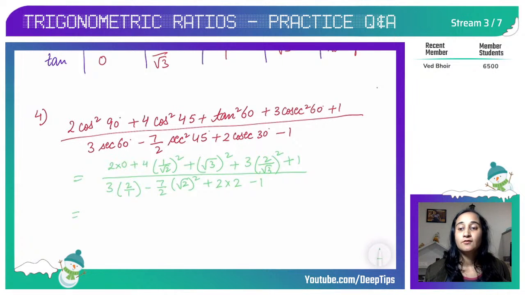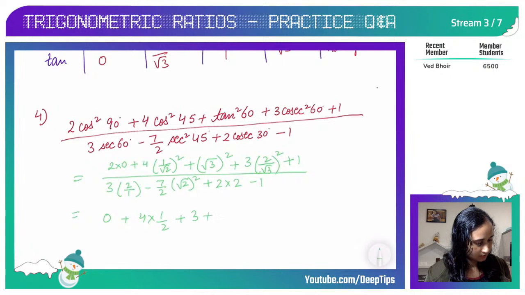See, if you get the first step right in this question, then the rest of the steps are just a cakewalk for you, because if you have substituted the values right here, then you can solve the fractions anyway. So 2 into 0 gives me 0, and 4 into 1 by root 2 whole square gives me 1 by 2, plus 3 into 4 by 3, plus 1.